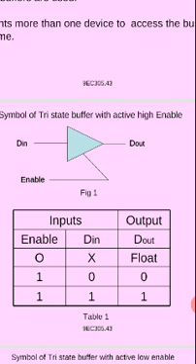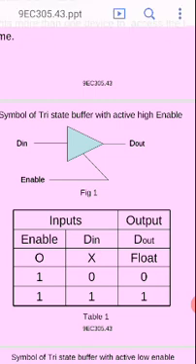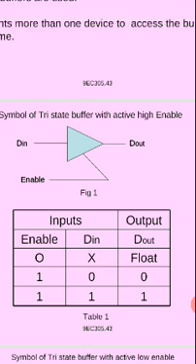If enable is 1 and the D in also is 1, output also 1. The output has three states: 1, 0, float.